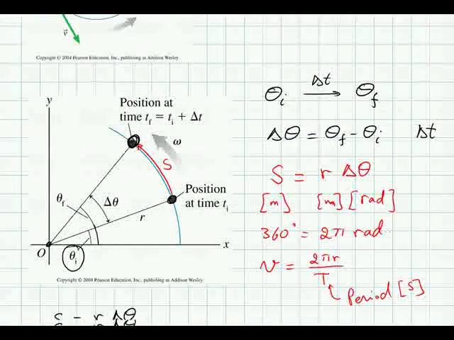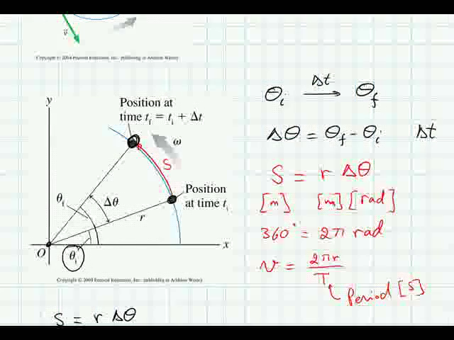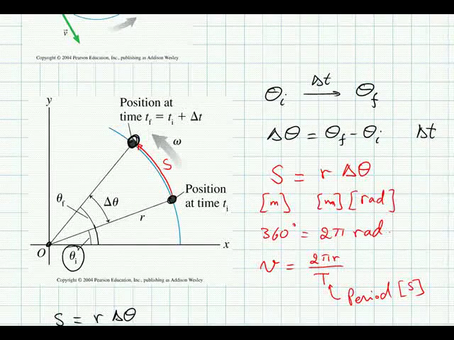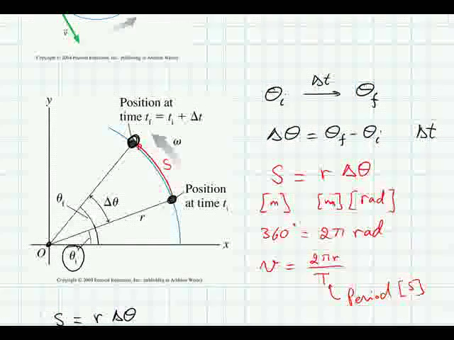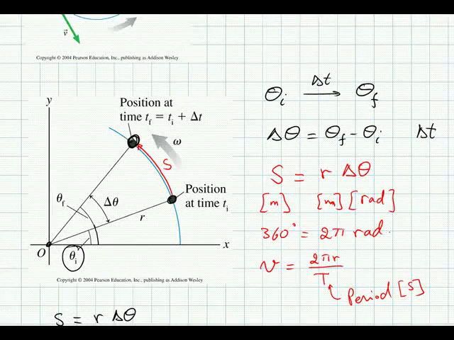Now, in linear motion, we defined position along either the x-axis or the y-axis. In circular motion, it's helpful to come up with a different coordinate system or different way of measuring position.